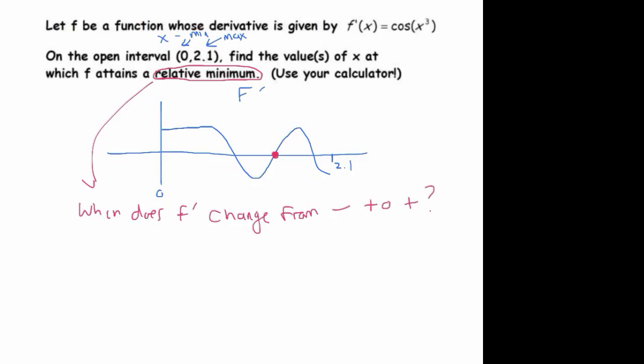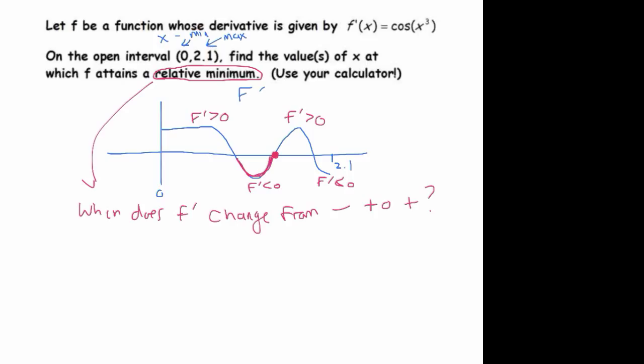The derivative is positive here, f prime is negative here, f prime is positive here, and f prime is negative here. So we only care about the moment it changes from negative to positive.